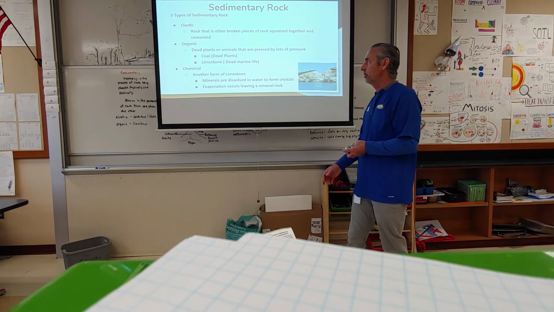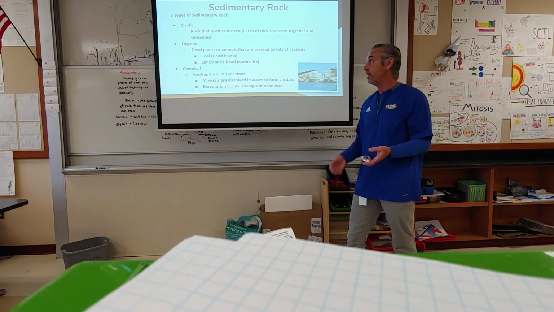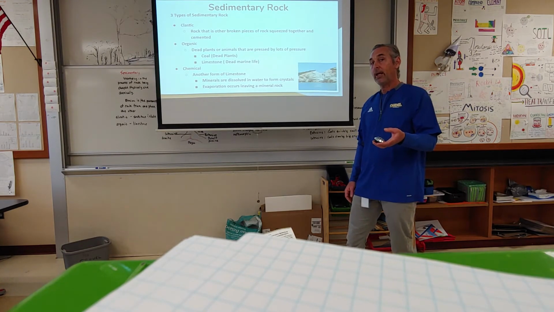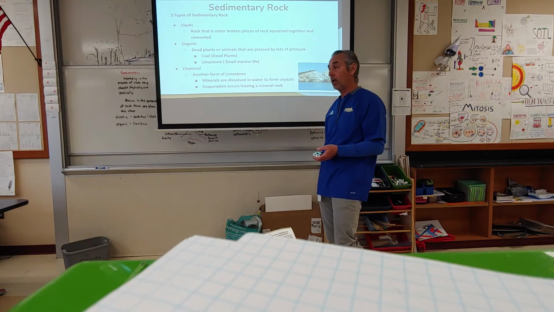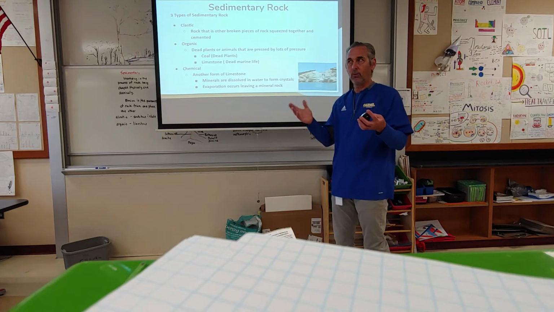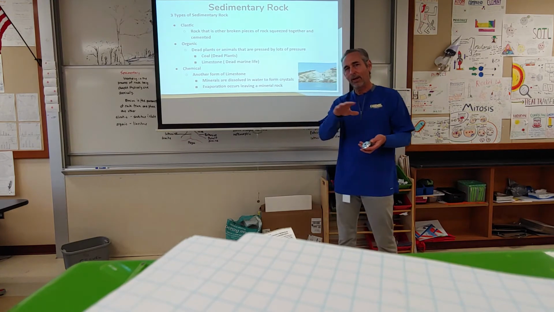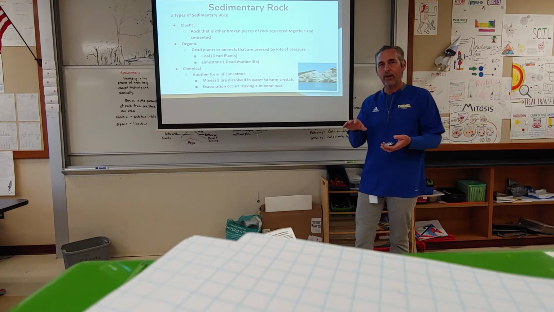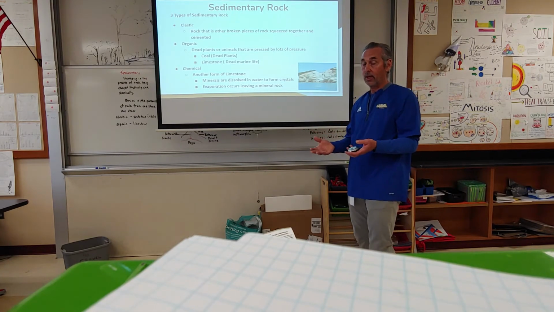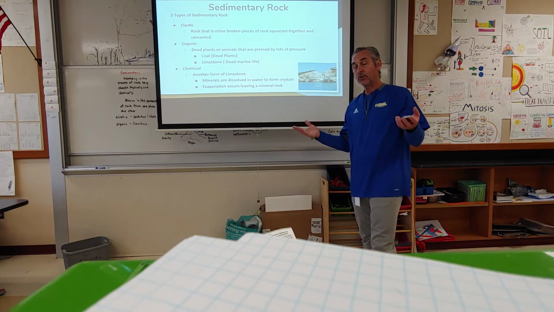Okay, limestone. Limestone is made from dead marine life, okay? I will show you a visual of that as well. So what ends up happening is that we have dead animals that used to be alive. They're floating around in the ocean, and they reproduce, and then eventually they die.